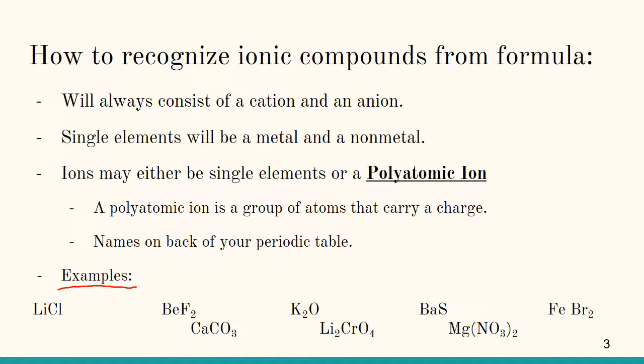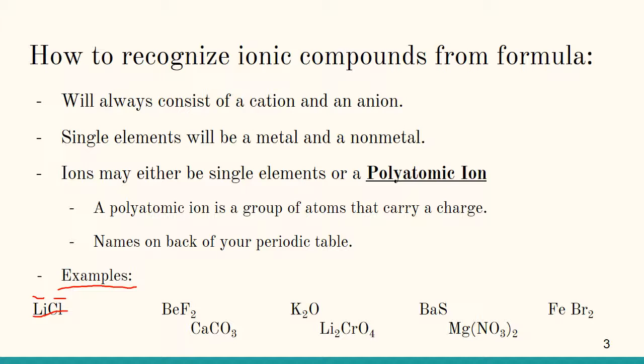Down here at the bottom, we have some examples of different ionic compounds. Some of these are going to be just elements. So for instance, lithium chloride here just has a metal, lithium, and a nonmetal, chlorine. The two of those go together and make one ionic compound.